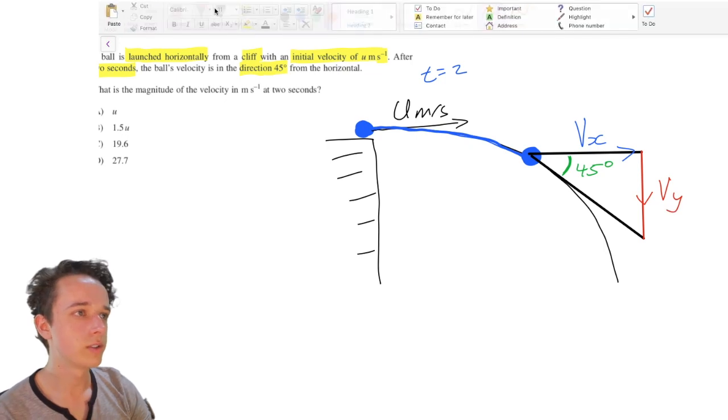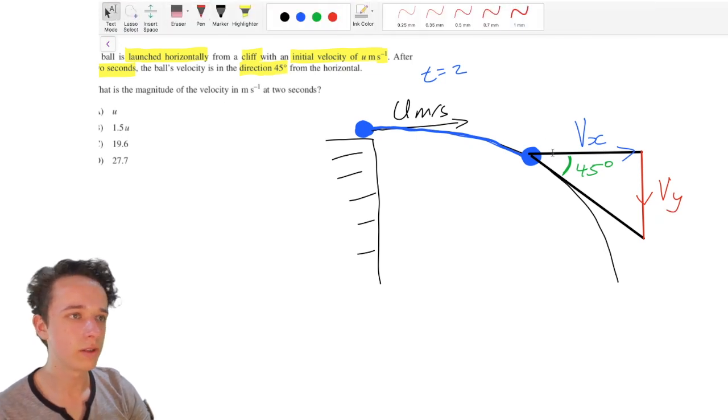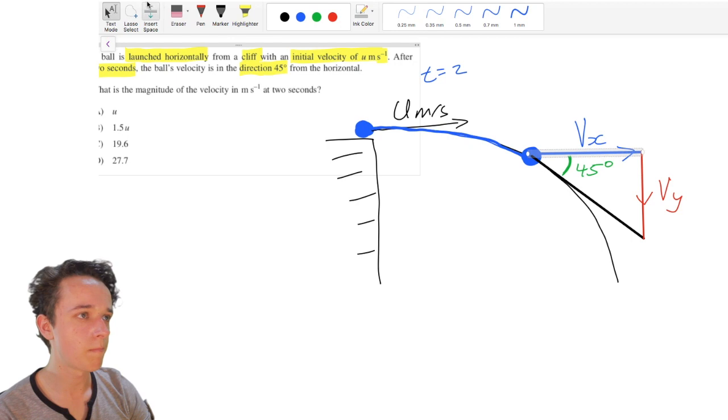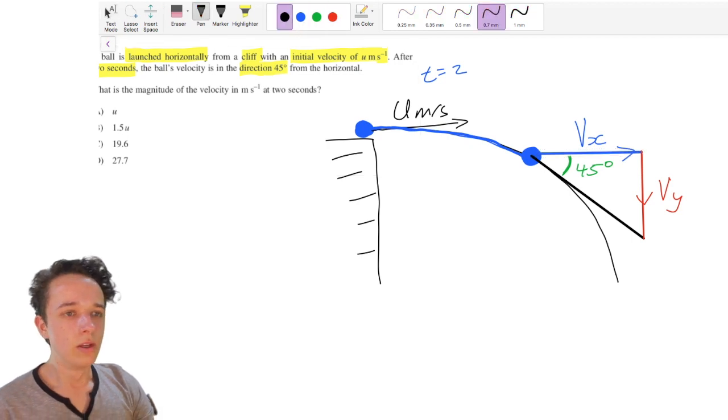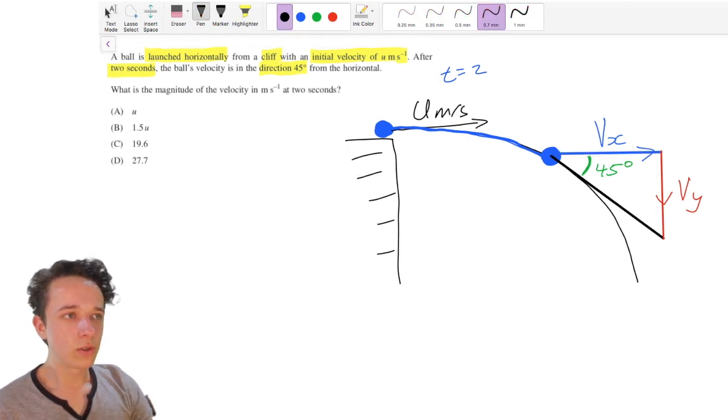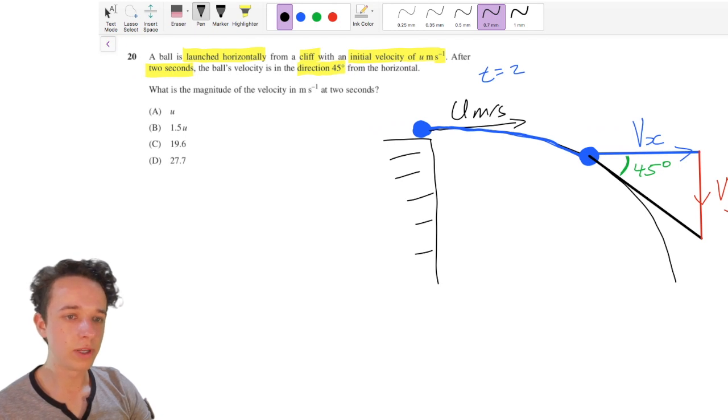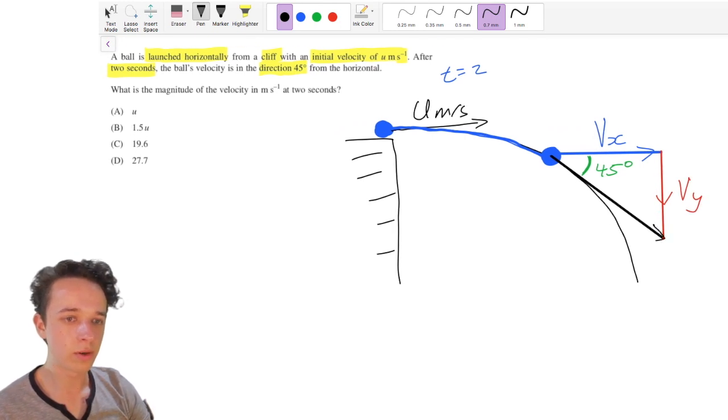And the actual overall velocity will be represented by this hypotenuse here, right? This vector here. So this is our final velocity, v meters per second.